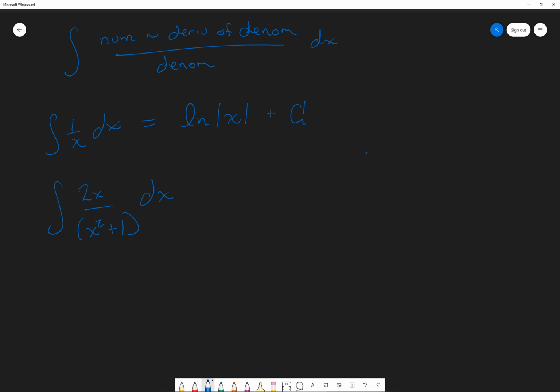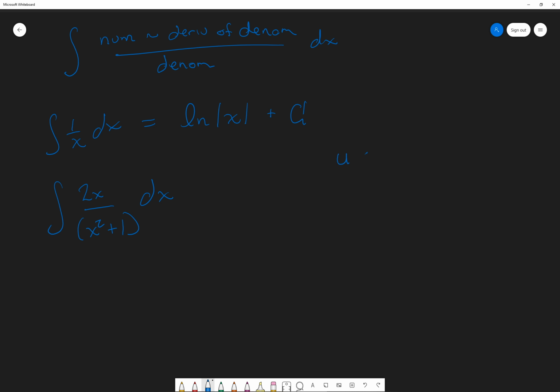Look, the numerator is exactly the derivative of the denominator. What's the derivative of x squared plus 1? You get 2x.